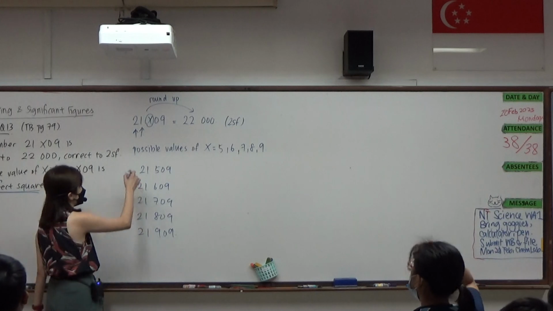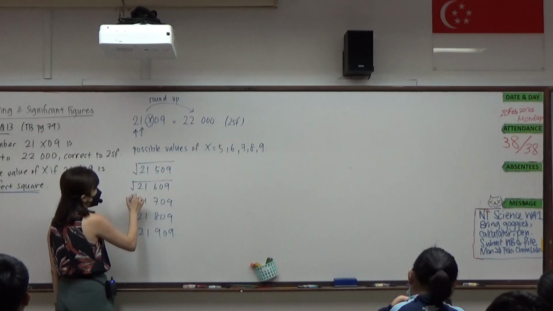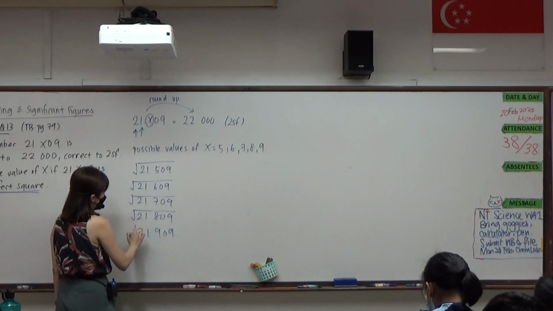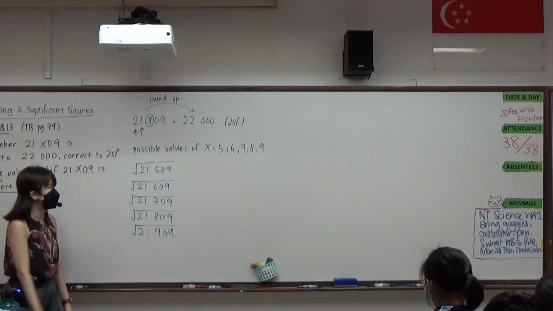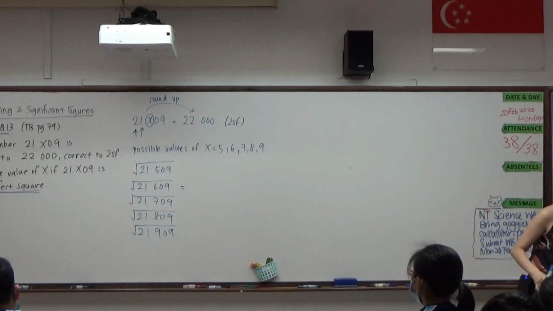So can you do a check now? Okay, which one will give us a whole number? 21609, is it? Okay. So we should find that 21609 gives us what? 147.